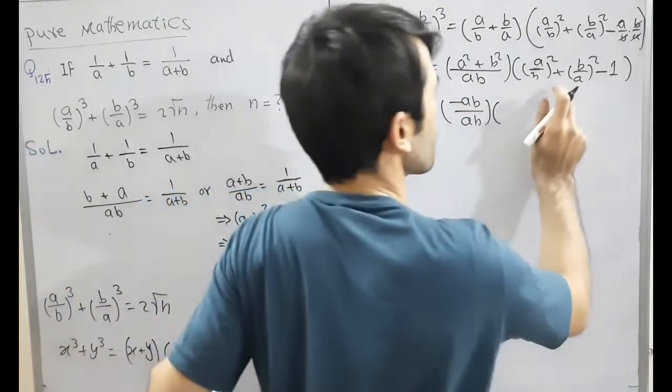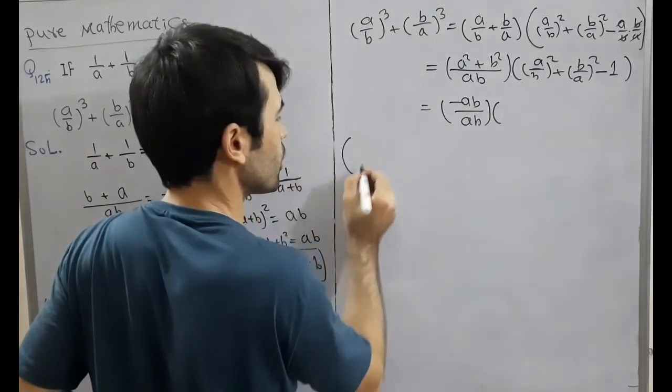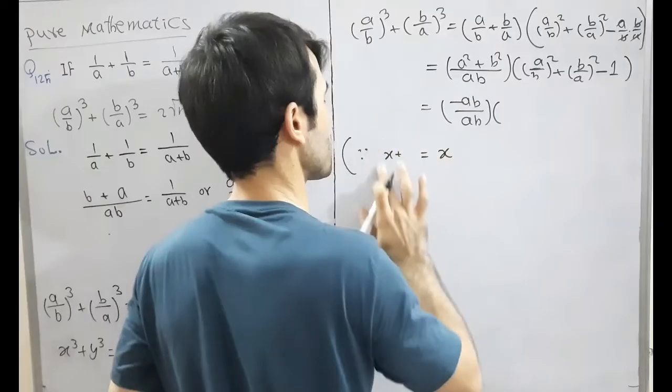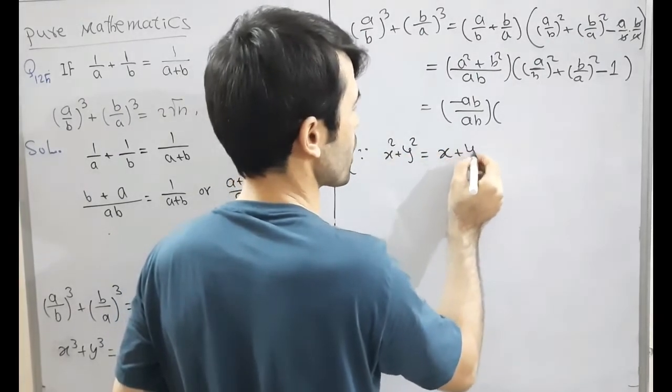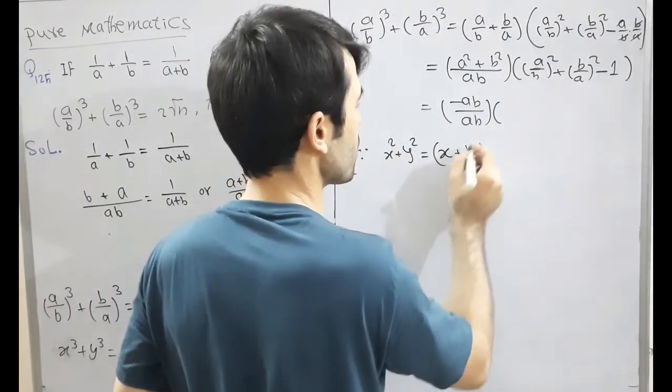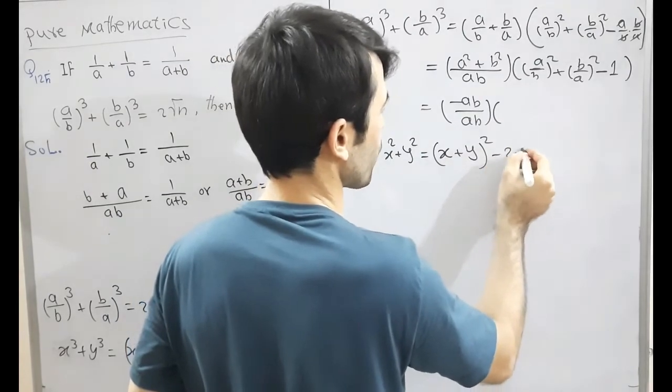we can write here, we have a formula: x square plus y square is equal to x plus y whole square minus 2 into x into y.